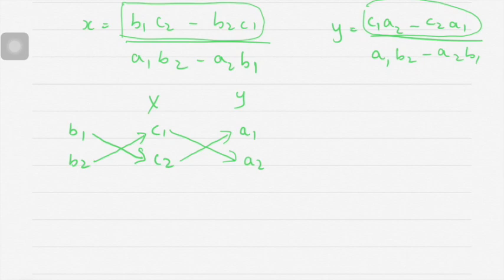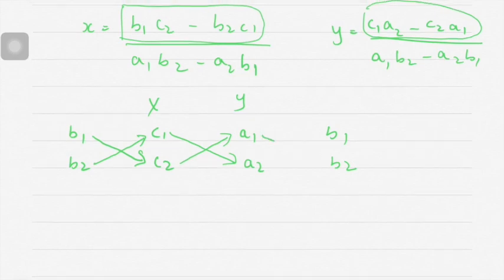And how do you remember the denominator? For the denominator, you have to forget C now. You will only take A and B, so A1, A2 and B1, B2. So your denominator in both cases will be A1 into B2 minus A2 into B1. This is how you can remember the formula. This is a small trick to remember.